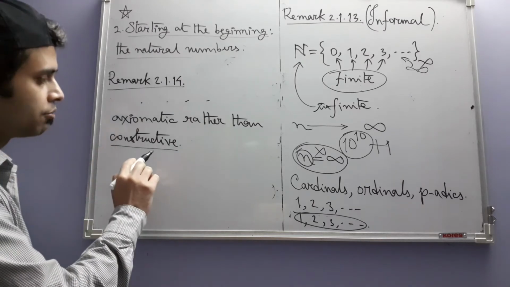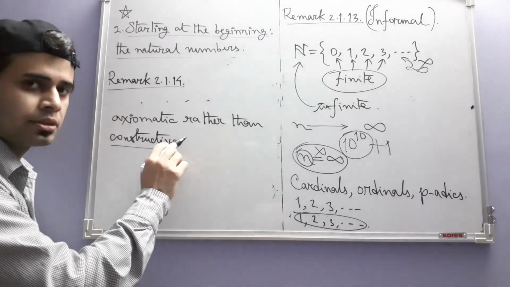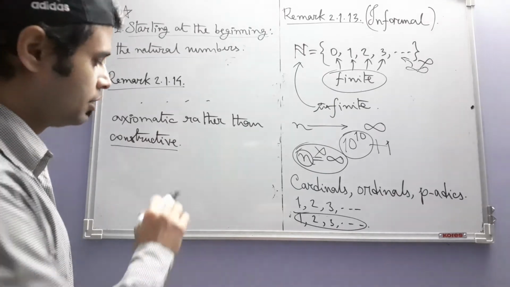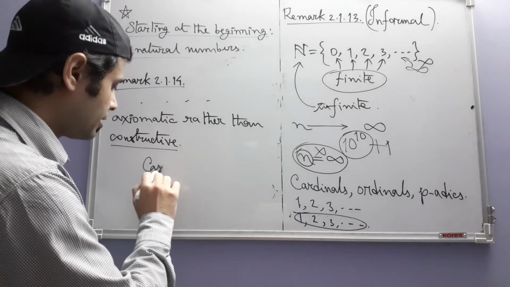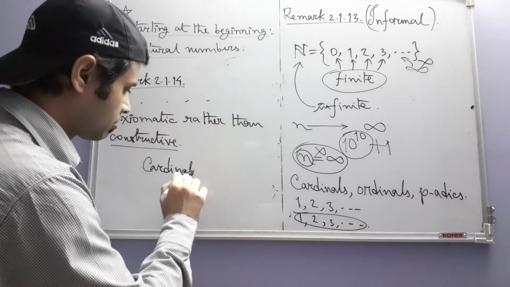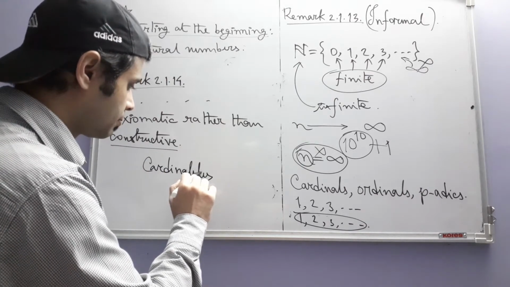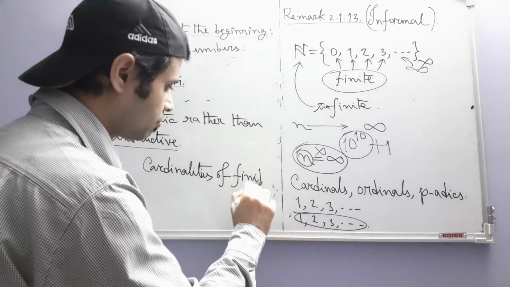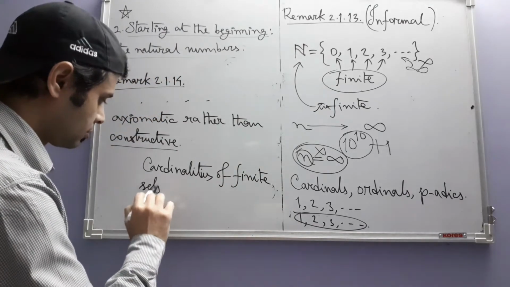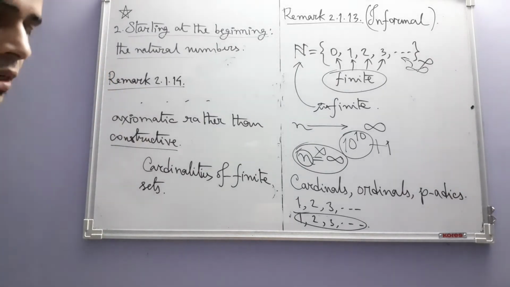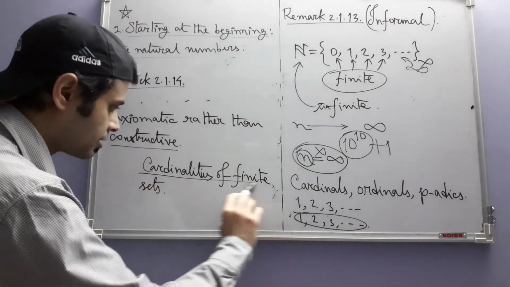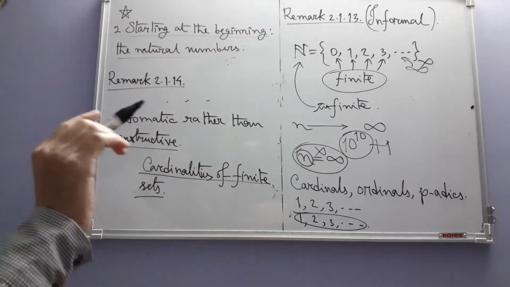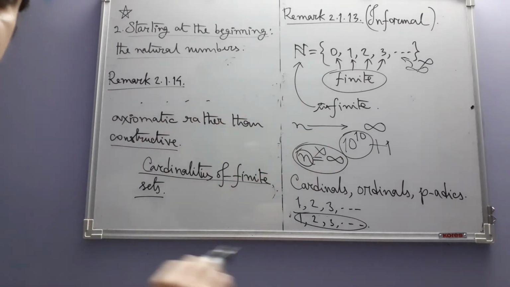Okay. For example, before defining natural numbers using the Peano axioms, we said that there is another way of defining them using cardinalities of finite sets. Okay, this is a constructive definition because it is using sets to define natural numbers, not some abstract property.